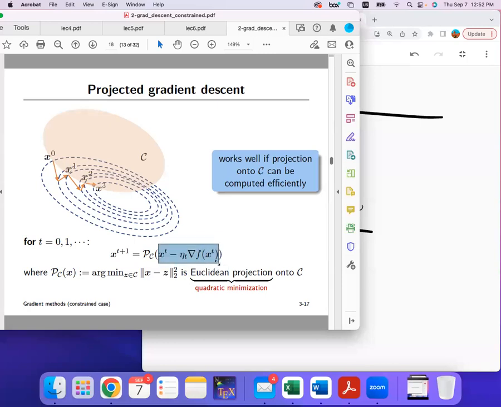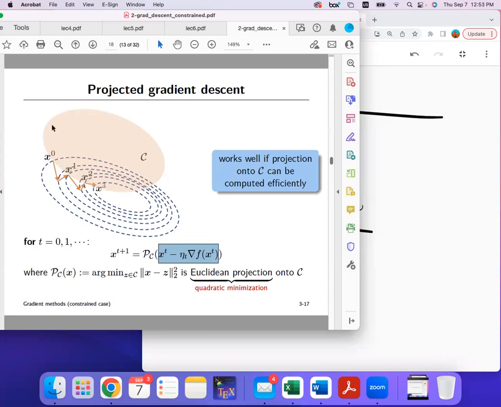And after that, for this new vector, I project it onto the constraint set. Now, if this new vector happens to be inside the constraint, then the projection does nothing. It's just itself. Otherwise, if the new point is outside the constraint set, then the projection simply finds the point that is closest in the constraint set.